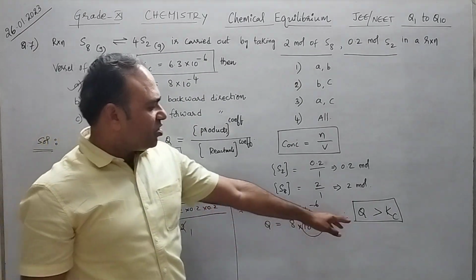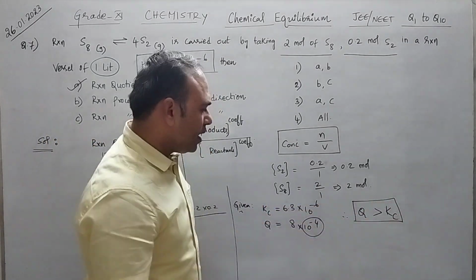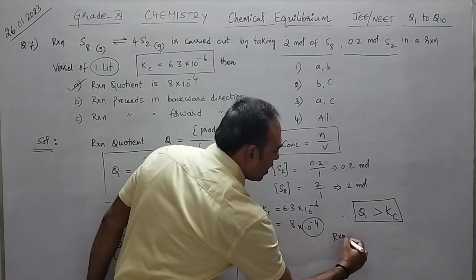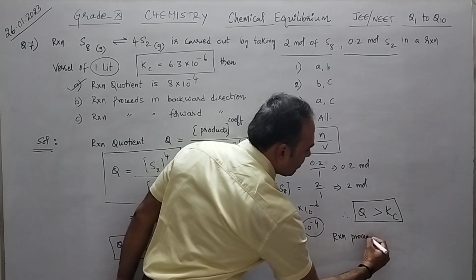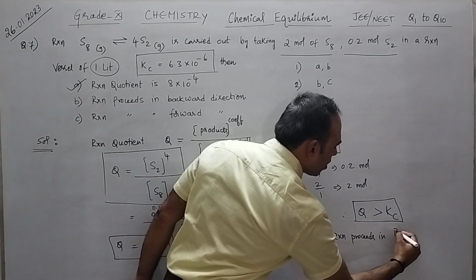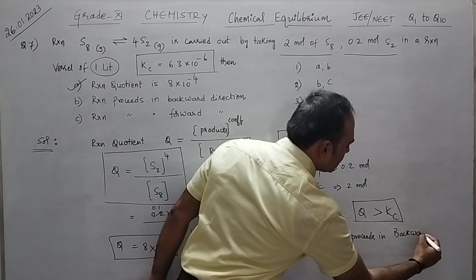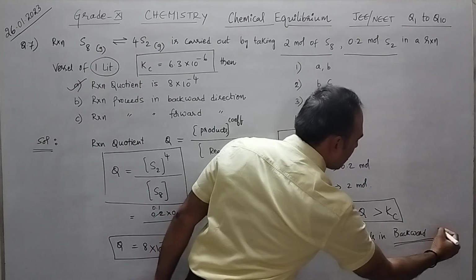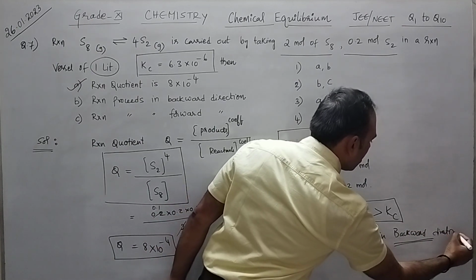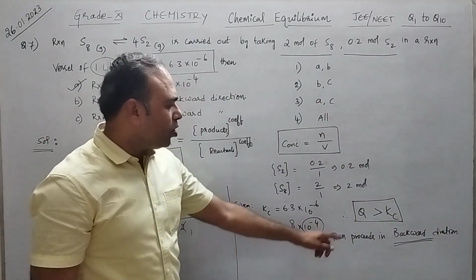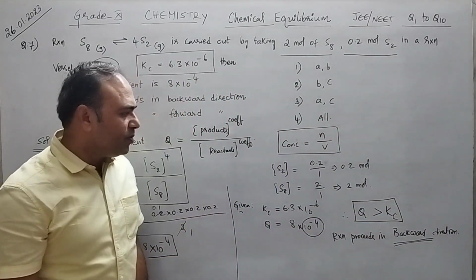According to this condition, if the reaction quotient is greater, then definitely the reaction proceeds in the backward direction. We already know this. If Q is equal to Kc, it will be in equilibrium.